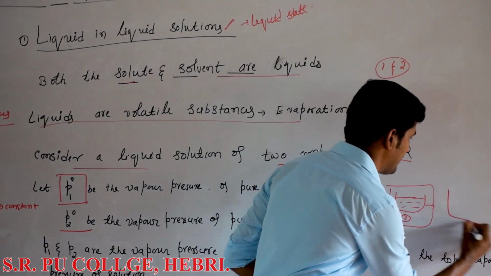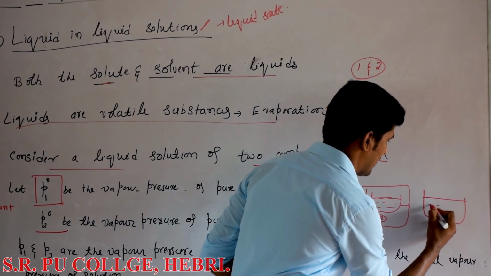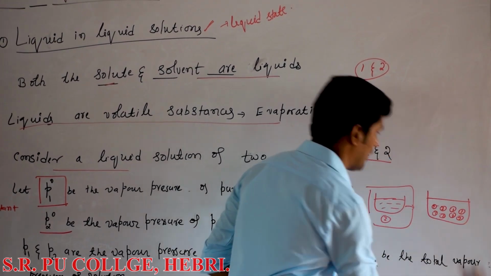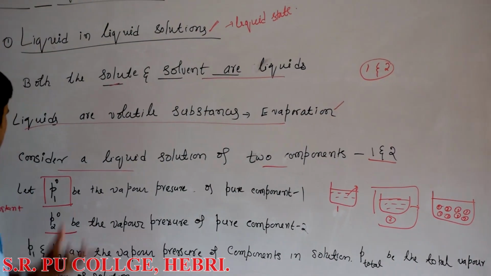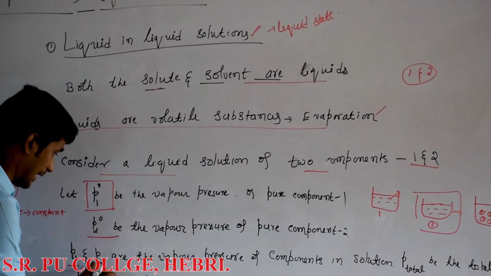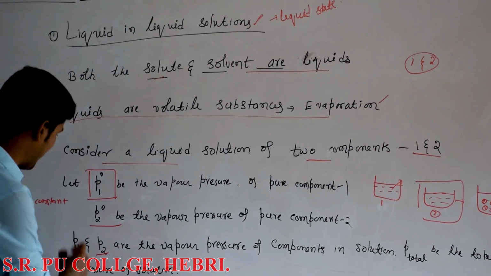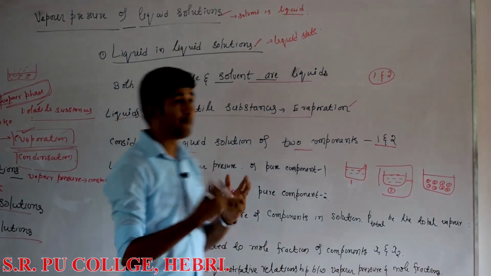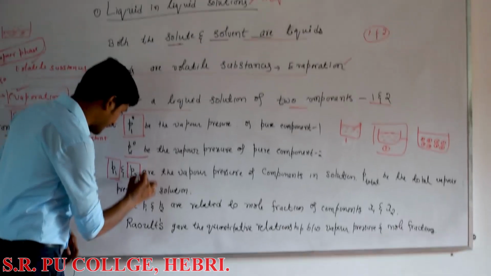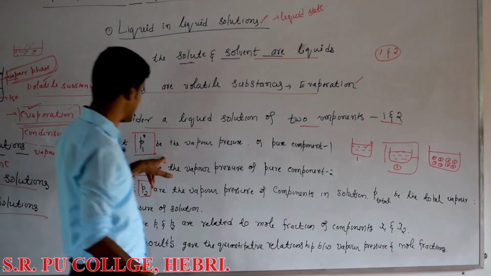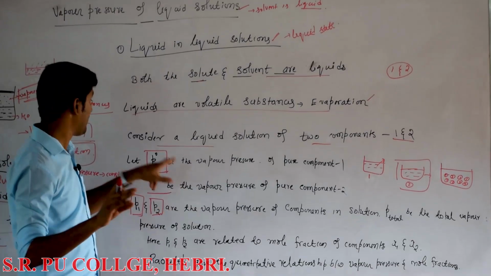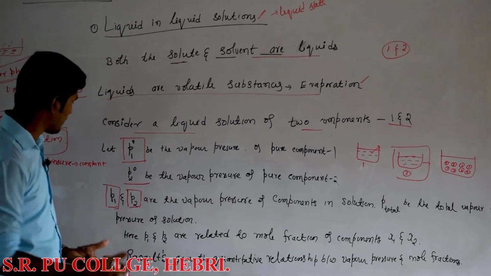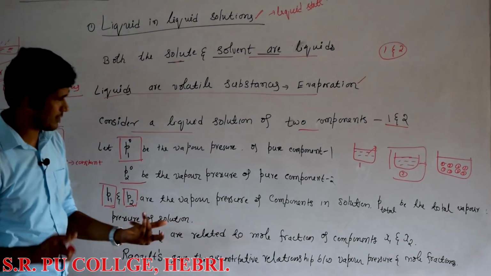Here P1 is the vapor pressure of component 1 in the solution, and P2 is the vapor pressure of component 2 in the solution. P1 naught changes into P1, and P2 naught changes into P2 after mixing, because in the solution both the components have different vapor pressures.